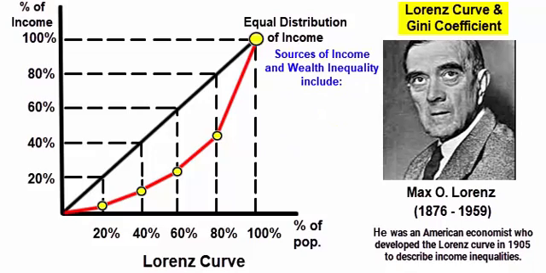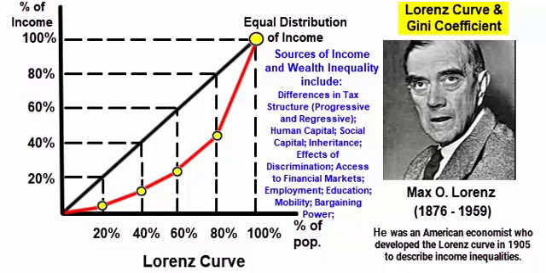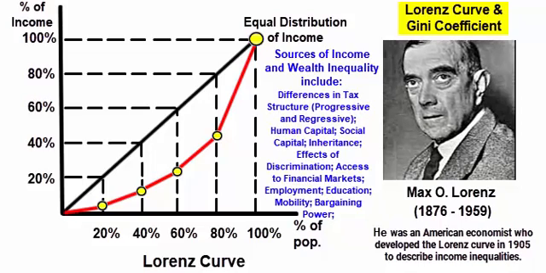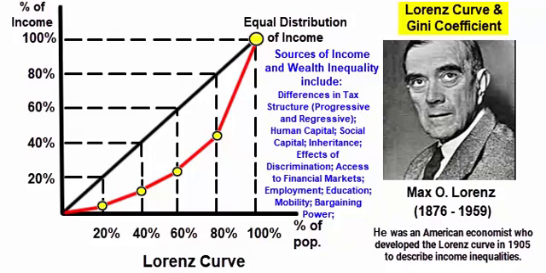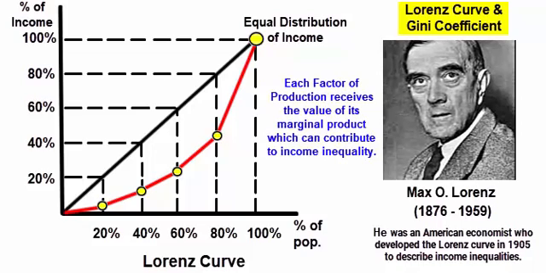Sources of income and wealth inequality include differences in tax structures, progressive and regressive tax structures, human capital, social capital, inheritance, effects of discrimination, access to financial markets, employment, education, mobility, and bargaining power within economic and social units, such as firms, labor unions, and families. Each factor of production receives the value of its marginal product, which can contribute to income inequality.